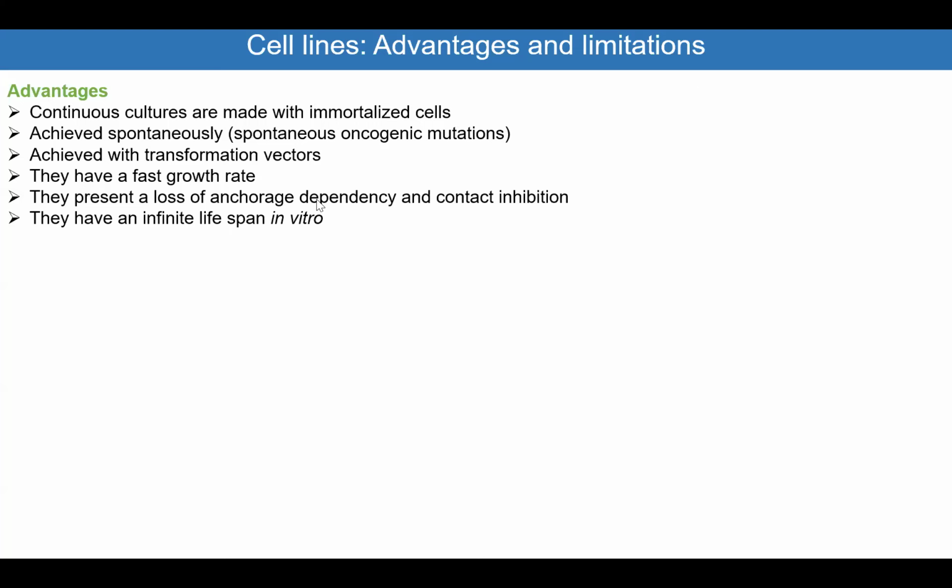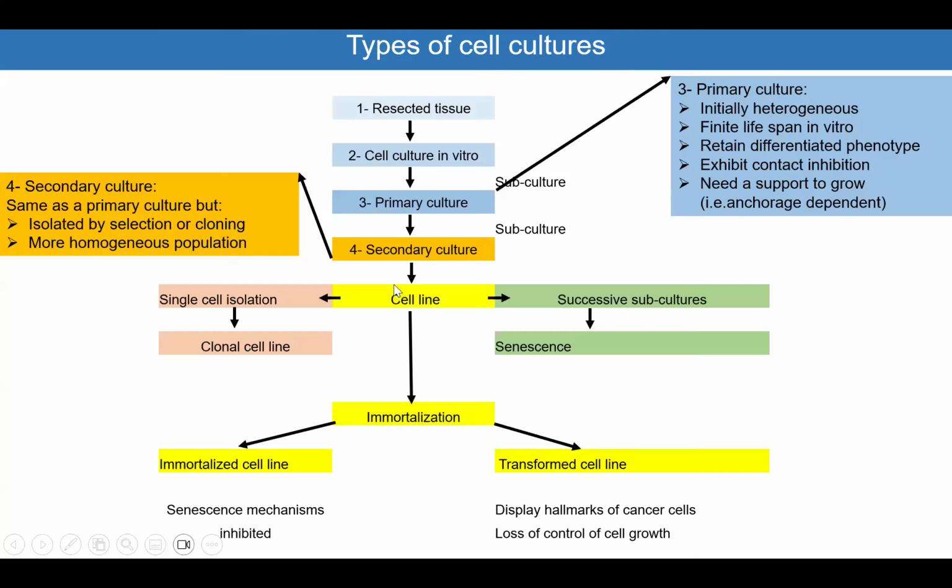The advantage of having a cell culture is that it could be achieved spontaneously. As I was describing here, if you take this cell and you keep growing it, passing it again and again, you will end up with an immortalized cell line just because you passed it like 30 or 40 times.